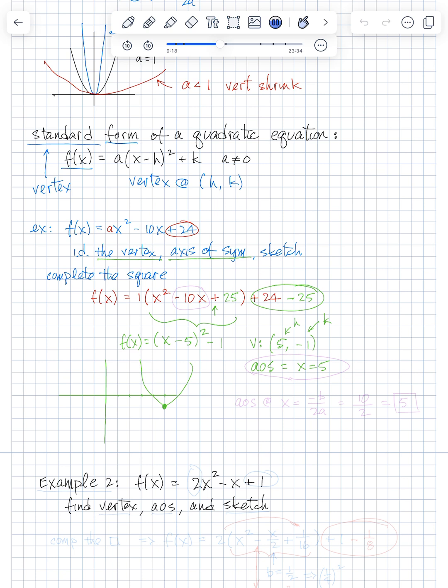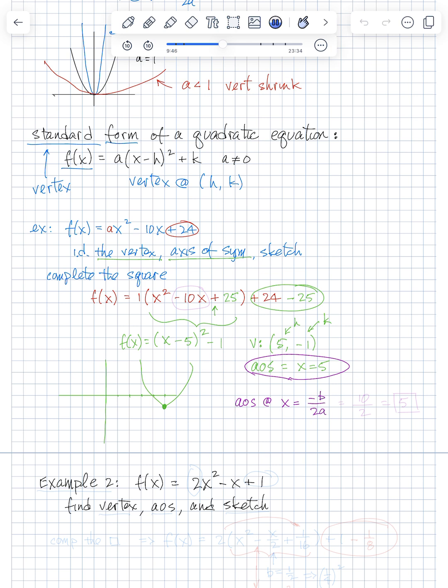One more thing before we move on. So we found the axis of symmetry at x equals 5. We could also find it just using the original equation, because the axis of symmetry is at x equals minus b over 2a.